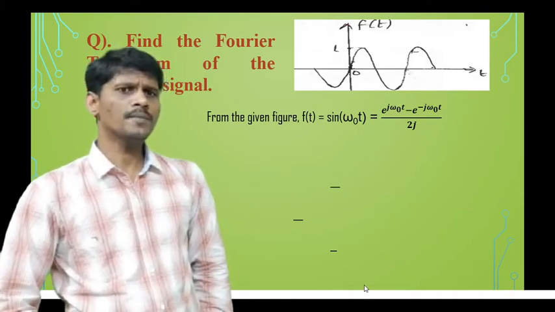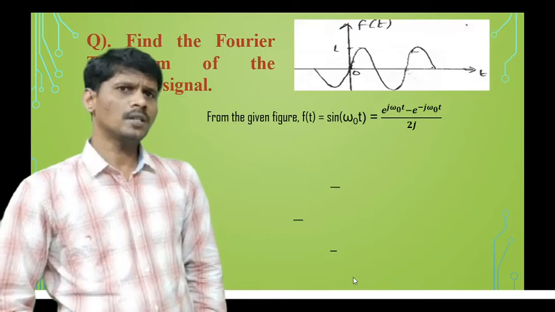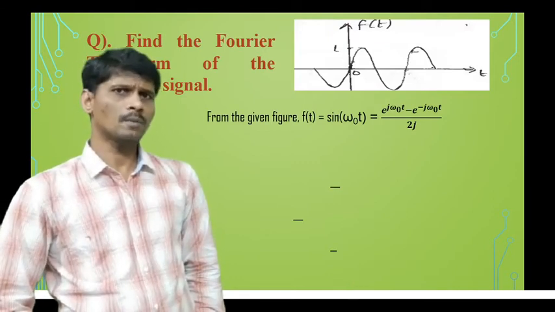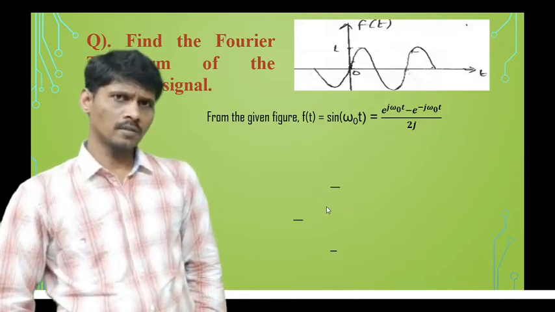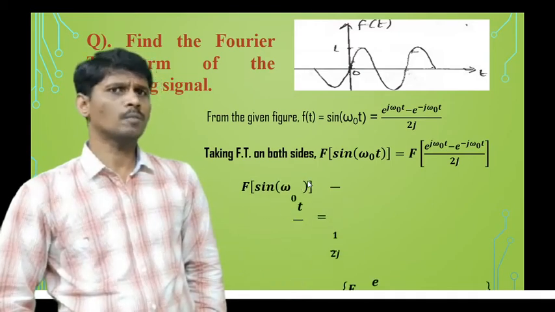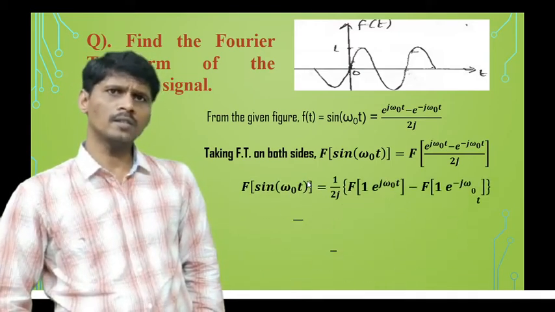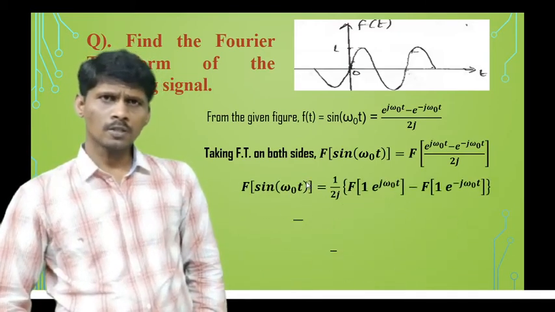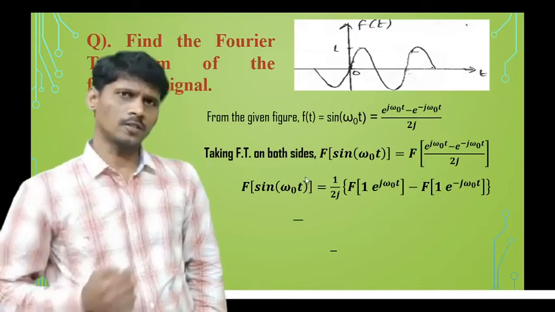So using the frequency shifting property, find the Fourier transform of sine omega naught t. Taking the Fourier transform on both sides of the given equation, the Fourier transform of the LHS term is equal to the Fourier transform of the RHS term.